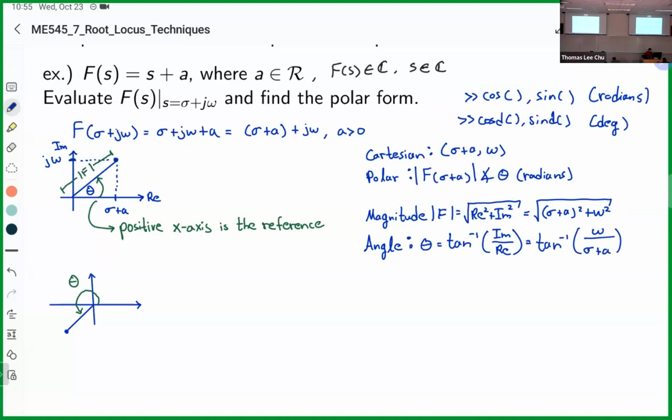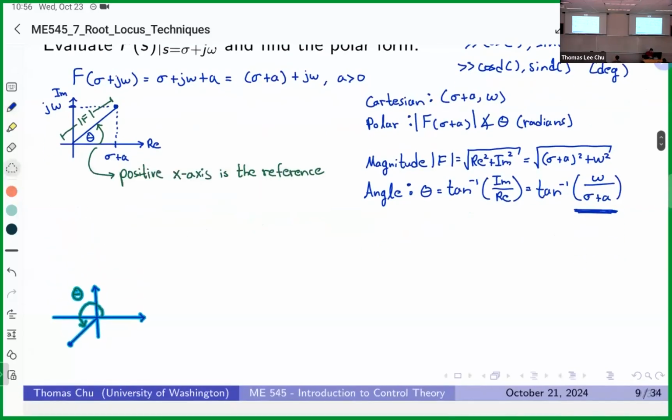So one thing I want to note about this is that when we're referencing the positive x-axis, we want to account for the quadrant that the angle is in. So let's say down here now, let's say this is minus sigma plus b now, where b is positive.